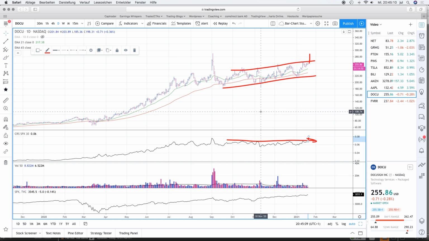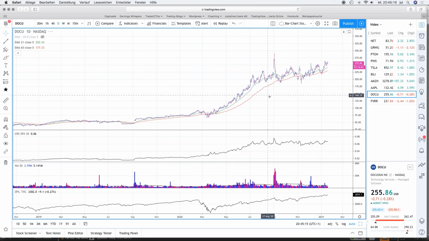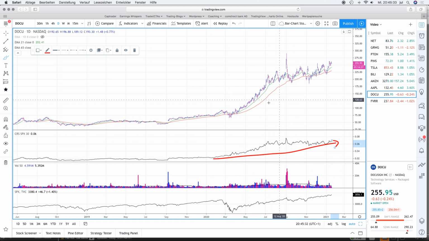So it's not a reason to ignore a stock because the RS line is going sideways. If we look from a bird's-eye perspective at the stock here, you can see that the trend is still up. The trend of the price and the trend of the RS line confirm each other, and that's absolutely okay.